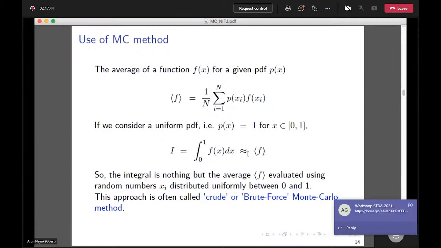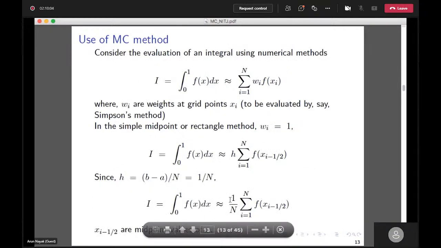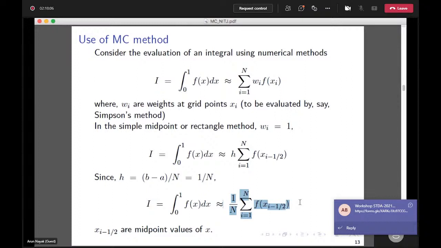As you can first see, we are calculating the integration, then we are averaging the function. So you can see that the integration is equivalent to this average, as we said here. We computed the integration here, so you can see that this integration is kind of an average, isn't it?